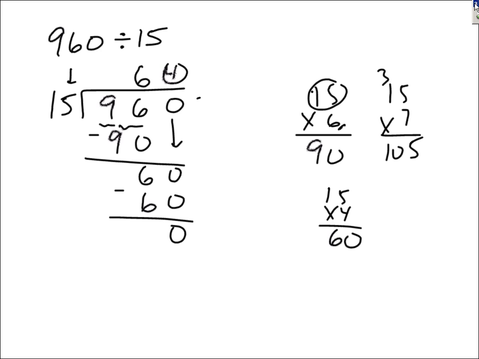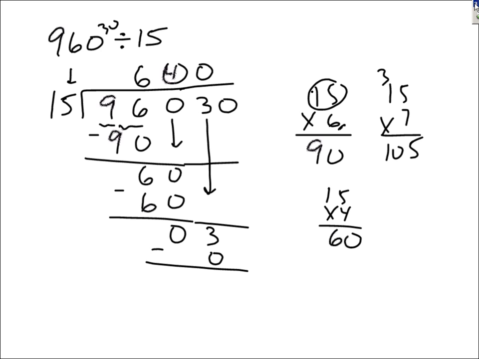For example, if we had 30 as well, 96030. Change the problem. Now, you would bring down the 3. 0, 3 is just 3. 15 goes into 3 0 times. 15 times 1 is more than 3. It's 15. 15 times 0 is 0.